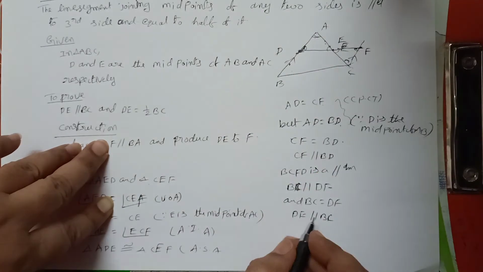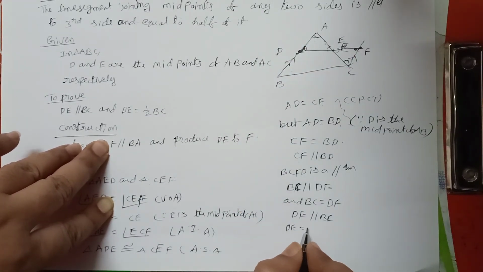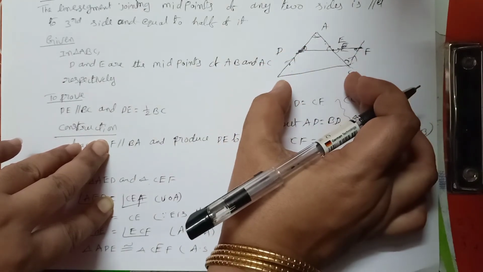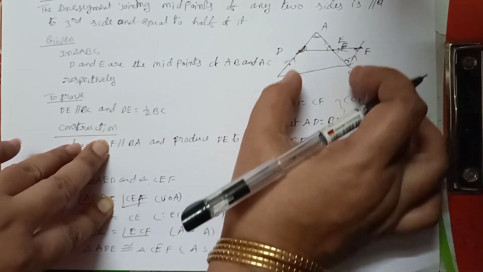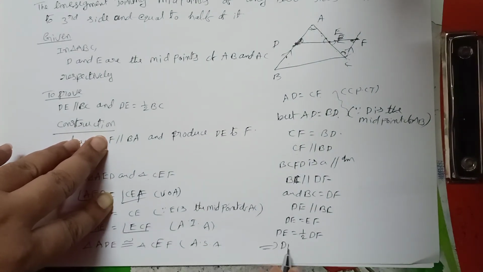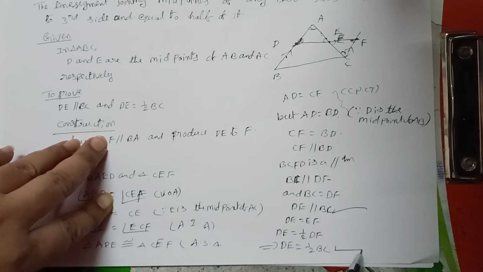DF is nothing but BC. In a parallelogram, opposite sides are equal, that implies DE is equal to half BC. So DE parallel to BC, DE is equal to half BC.